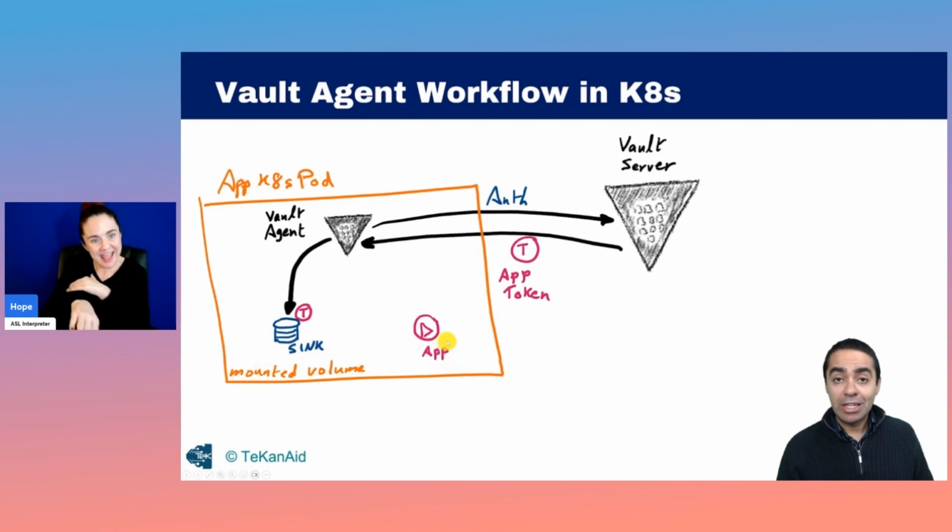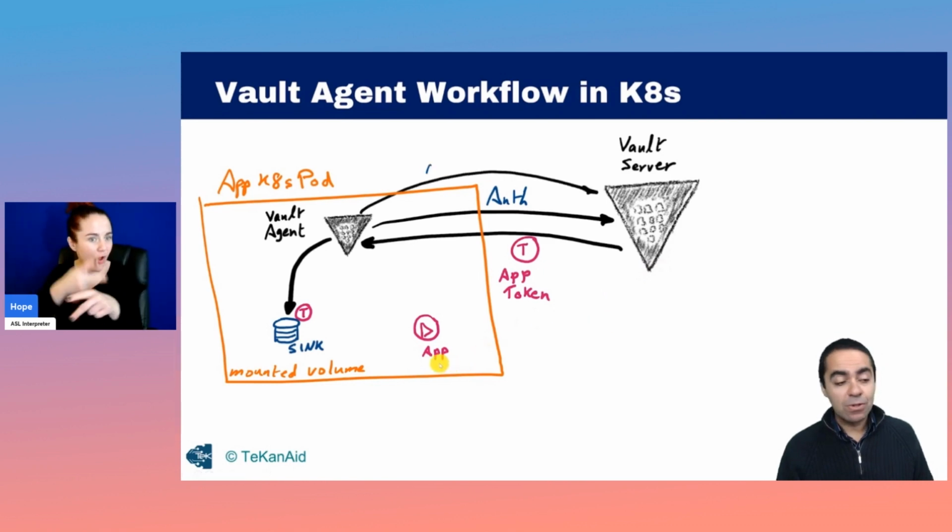And if the application is Vault aware, we can stop here and the application can grab this token, talk directly to the Vault server, and retrieve the secrets directly. But that, of course, means that your application code needs to have a way to talk to the Vault API and retrieve secrets. So you're going to have to make changes to the code.